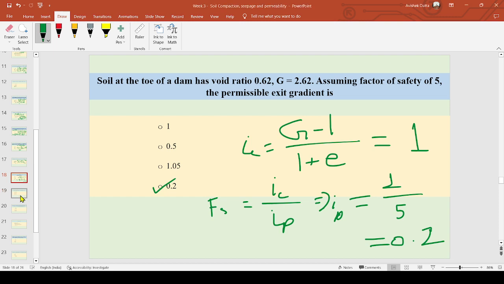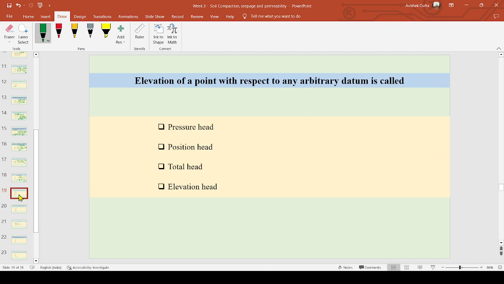Alright, next question. Elevation of a point with respect to any arbitrary datum is called. More than one answer can be correct. What is the answer? C. Only C?